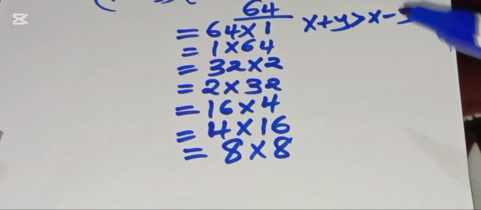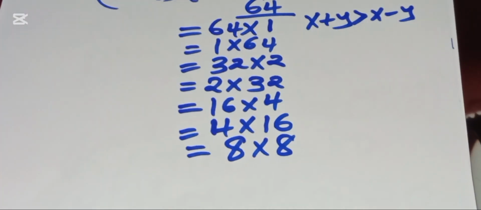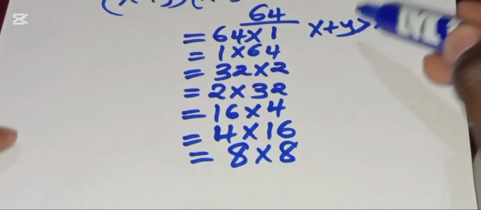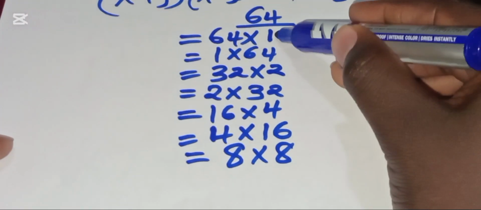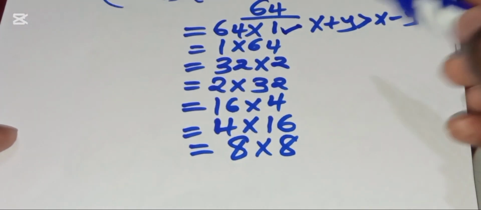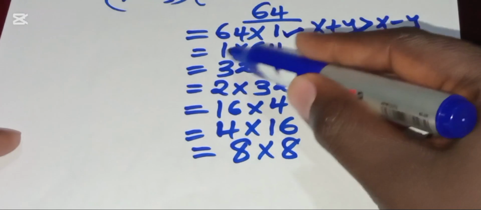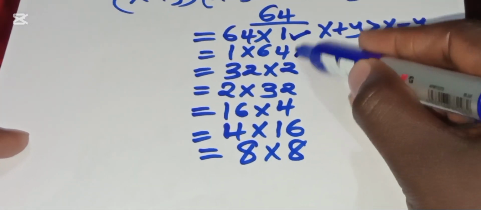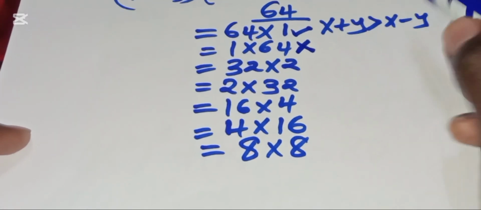From what we have, if we check the first one, 64 times 1, that is x plus y: 64 is greater than 1, so this satisfies the condition. For 1 times 64, 1 is less than 64, so this will not satisfy the condition.